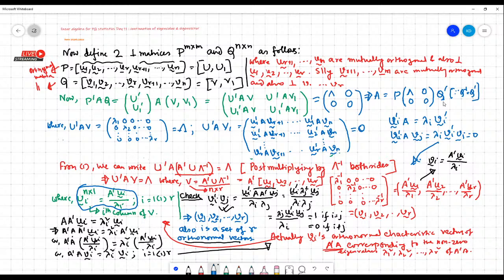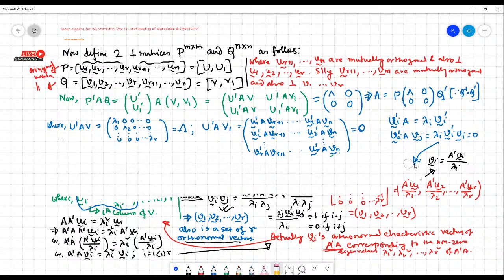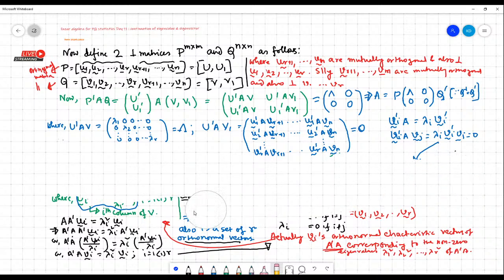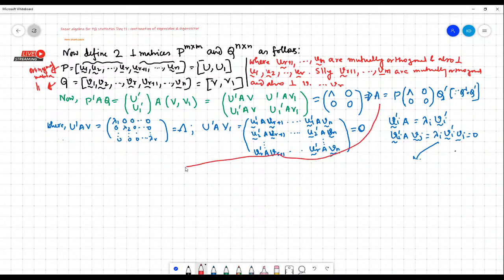So from here I write A equal to P, which is nothing but U1.